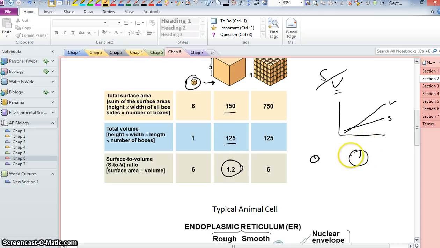So with greater size, it is more difficult for cells to get things in that they need and get rid of waste. The cell has to basically work harder to do that. So it's more efficient in terms of getting things in and out for a cell to be smaller, because there's more surface area relative to the volume.